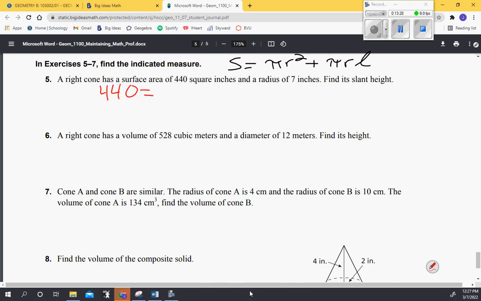That's equal to pi r, they give us r, it's 7, plus pi times 7, we don't know what L is. That's what we're trying to find. Okay, so 440 is equal to 49 pi plus, I'm going to rewrite this as 7 times pi times L.